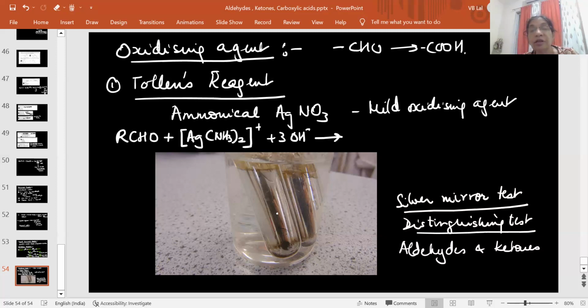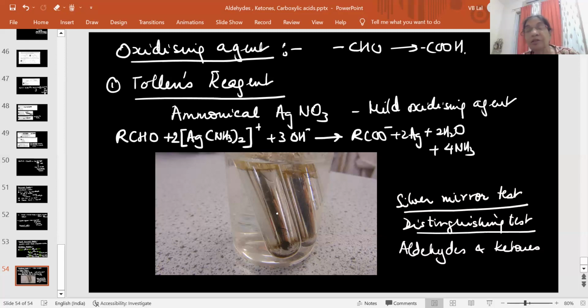This will give you RCOO minus. That is, RCHO is changing into RCOOH. It is an ionic equation, that is why they have written it like this. Plus 2Ag plus 2H2O, and I'll have to make the complex twice, plus 4NH3. So this is the equation, the reaction that you can write for Tollens reagent.